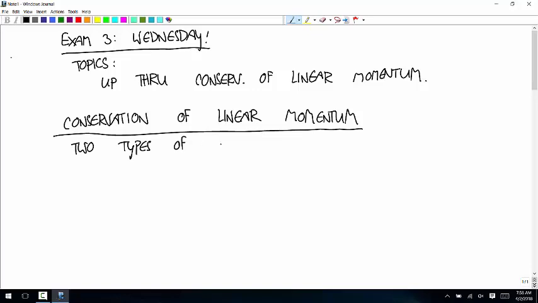The first is inelastic. That's where the objects stick together.